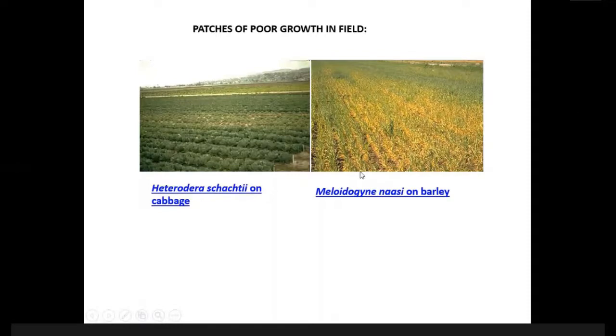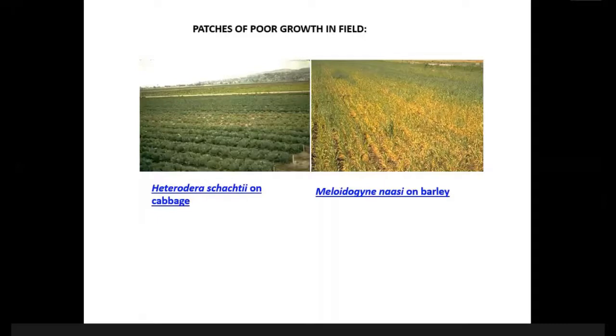So there is actually patchy distribution of nematodes in the field. All the nematodes are not distributed all over the field. In cluster form, nematodes remain in the field in aggregated form. The nematodes will gather together, for example, in one place. In the surrounding area, there will be no nematodes.